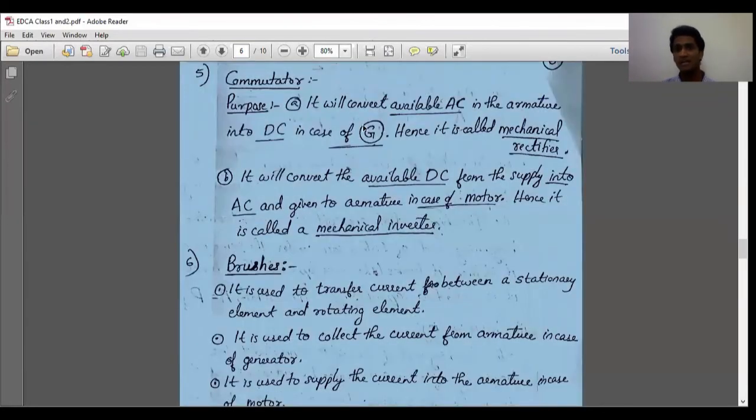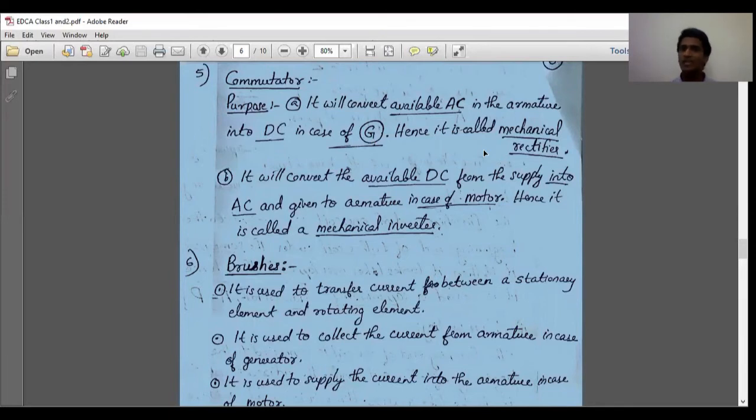The next part is the commutator. As we have already discussed what a commutator is and what its purpose is, it will convert the available AC in the armature into DC in case of a generator. Hence, it is called a mechanical rectifier. The EMF induced in the armature in case of a DC generator is an AC value, but what we require is DC.